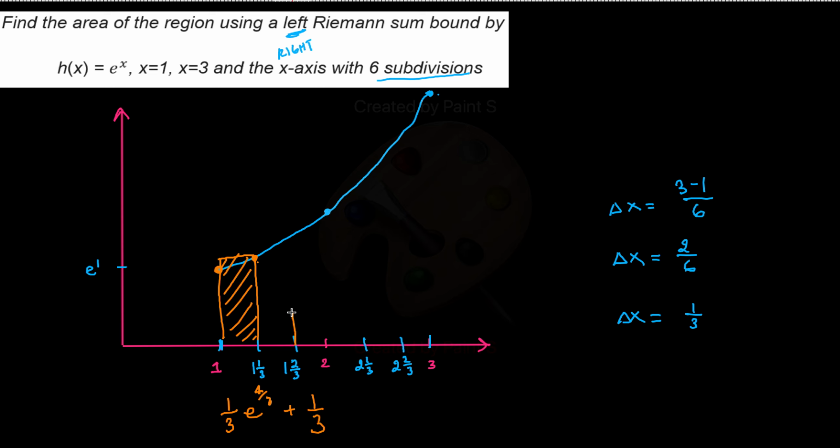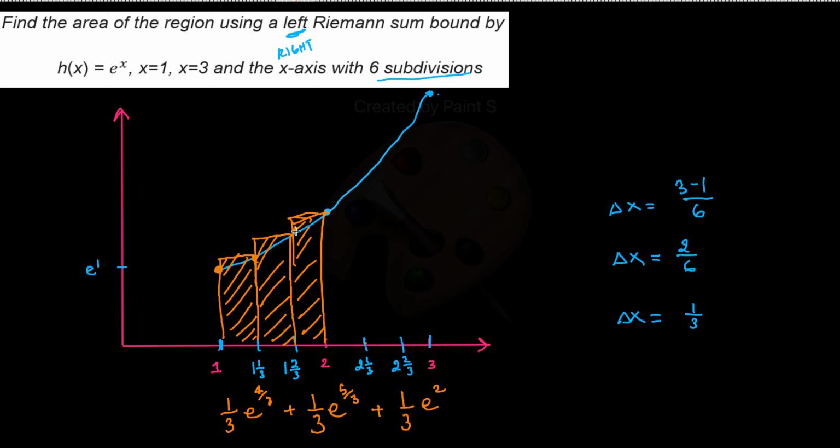The height is going to be up here. E to the 5/3, plus, then the height is going to be e to the second, this rectangle right here, and then, okay, so 1/3 times e to the second is the area of this rectangle right here.